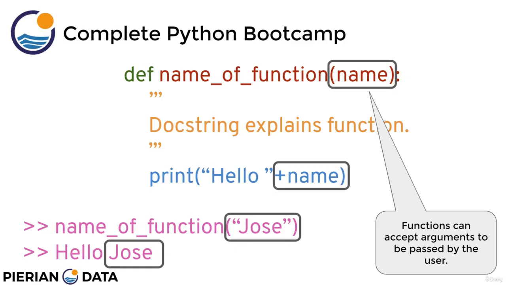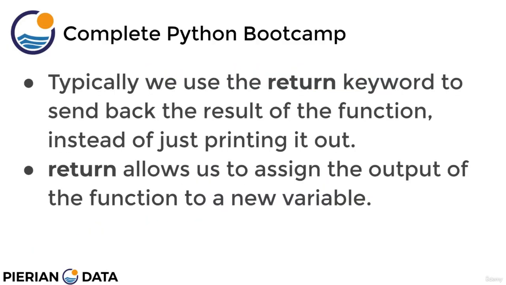Here I have my function, and it accepts this parameter, name, and what it's going to do is print hello plus name. So that essentially means that name should be a string, and I'm going to concatenate it with hello. So that means when I call my function here, it says name of function, Jose, and then it'll say hello Jose, which means now I can pass in any string I want into the function, and it should say hello and then that string.